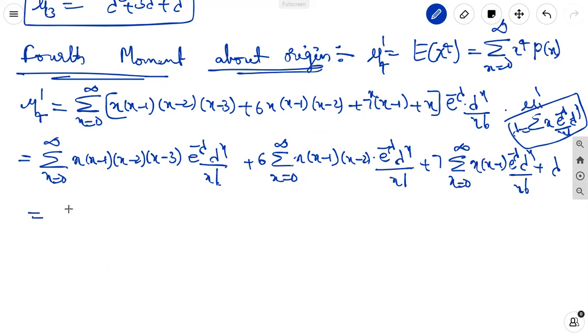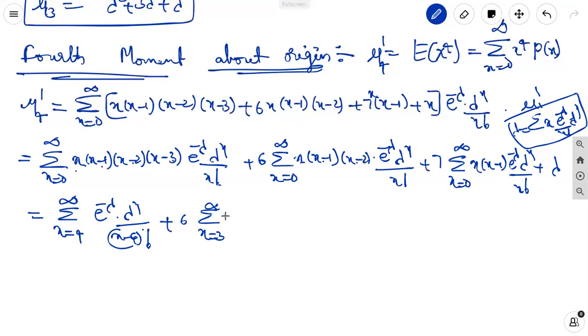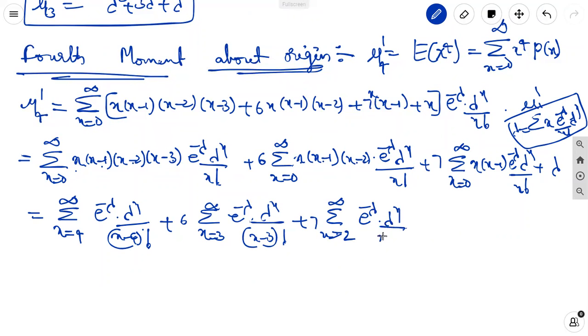It is equal to summation, 0 1 2 3 starts from x equal to 4 to infinity, e power minus lambda lambda power x by x minus 4 factorial, plus 6 into summation, 0 1 2 starts from 3 to infinity, e power minus lambda lambda power x by x minus 3 factorial, plus 7 summation x equal to 0 1 starts from 2 to infinity e power minus lambda into lambda power x by x minus 2 factorial, plus lambda.